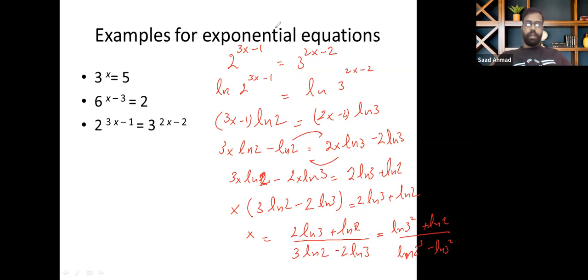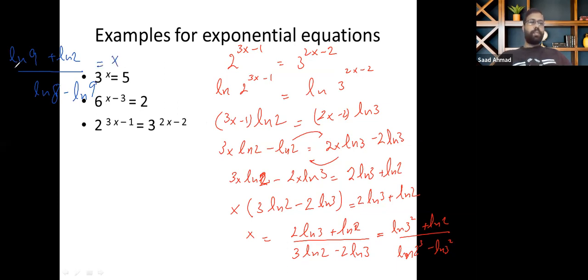Okay, let me write it on the top corner left here. So it will be ln 9 plus ln 2 over ln 8 minus ln 9, that's equals to x.